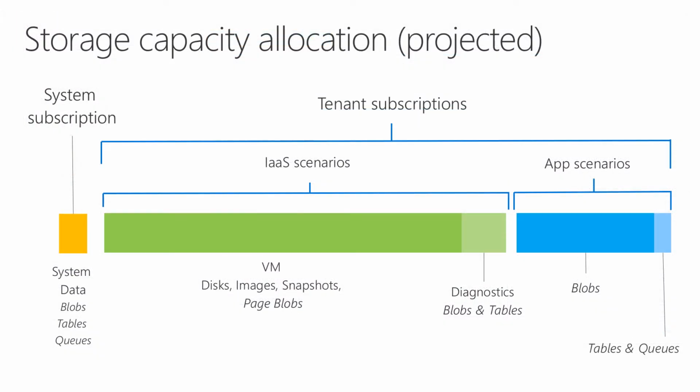This is a typical capacity allocation we see in most scenarios today. So we have a tenant subscription. Within the tenant subscription, we have infrastructure as a service containing VMs, disks, images, snapshots, and so on. And we have a small part of diagnostic data, and we have app scenarios. In most cases, Blob Storage or tables and queues.